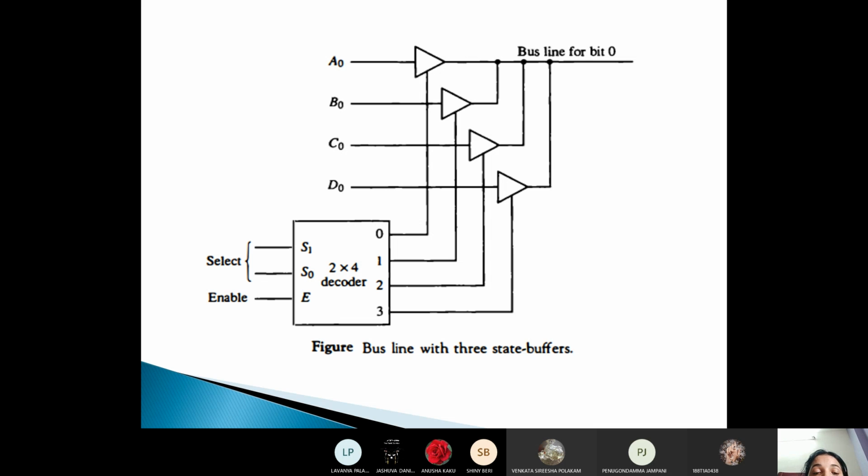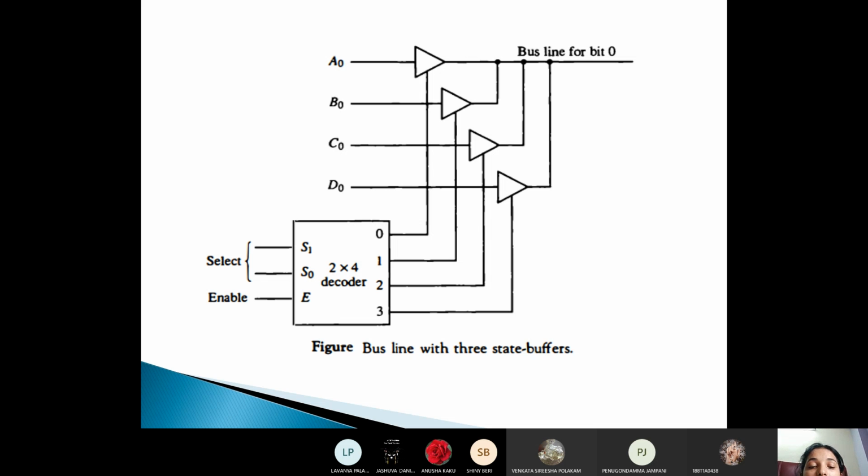The control inputs of the buffers determine which of the four normal inputs will communicate with the bus. No more than one buffer may be in the active state at any time; the remaining are maintained in a high impedance state. One way to ensure that no more than one control input is active at any given time is to use a decoder, as shown in the figure.